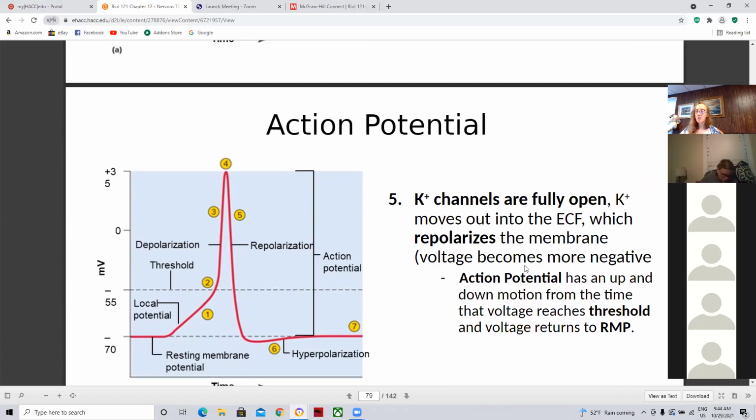Because as it moves out, the inside of the cell is going to become more negative. So the voltage becomes more negative. The action potential has this rapid up and down motion as the voltage reaches threshold and then returns to the resting membrane potential.